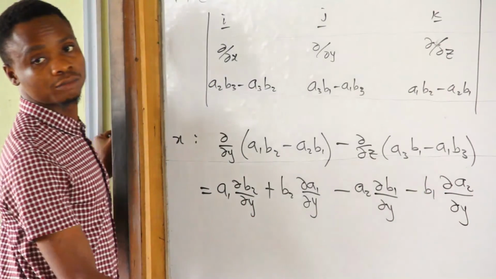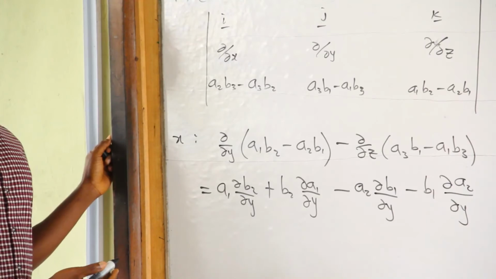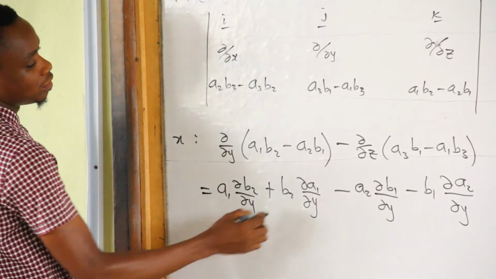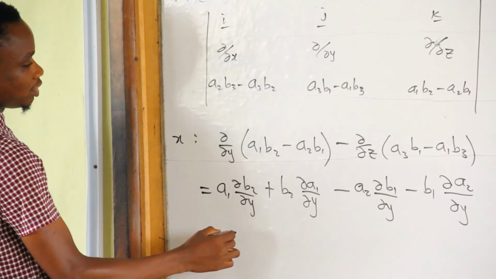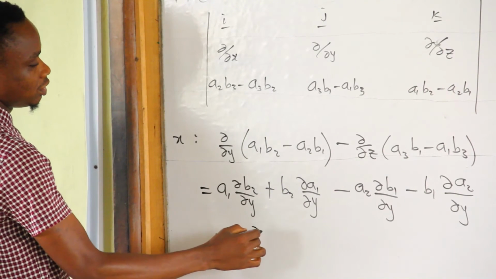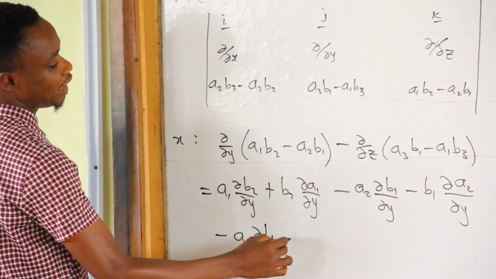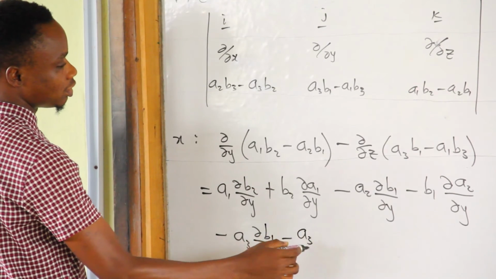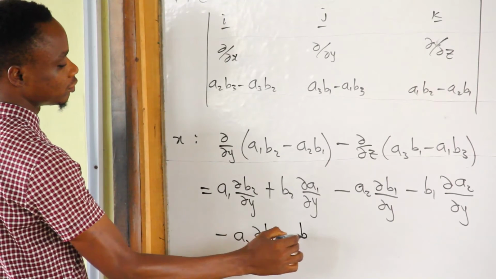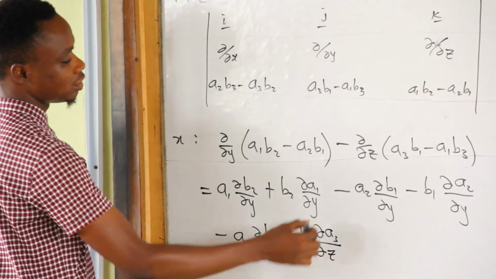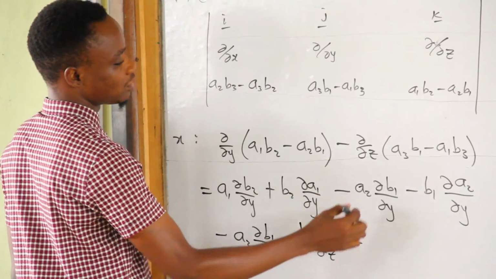Does that make sense? You get that? This is going to give us the next one: minus A3 del B1 del z minus B1 del A3 del z.